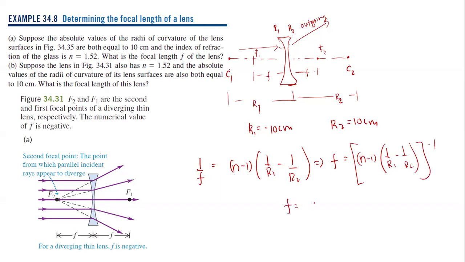So F equals 1.52 minus 1, times 1 over negative 10 centimeter minus 1 over 10 centimeter, to the negative 1.